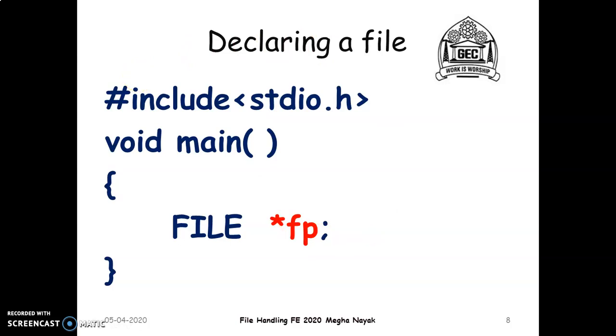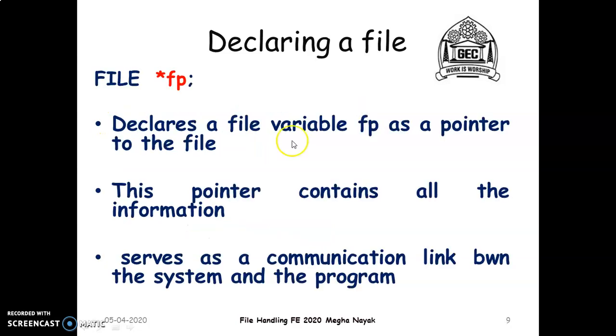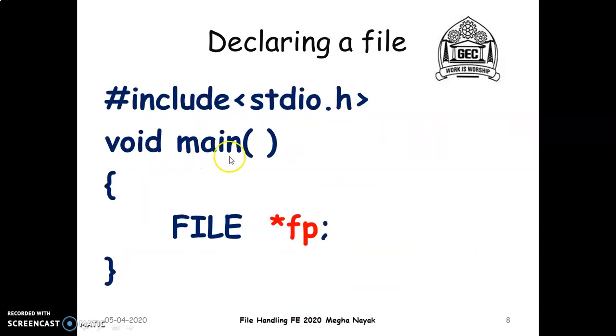You will open up your editor and put in your header file. Your header file is #include stdio.h, and then you're going to have your void main, open curly braces, closing curly braces. Whenever you declare a file kind of variable, you need to specifically put it as capital F, capital I, capital L and capital E. All file kind of variables are declared with the word FILE.